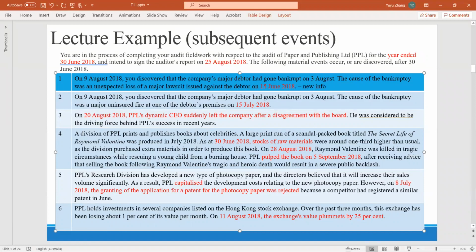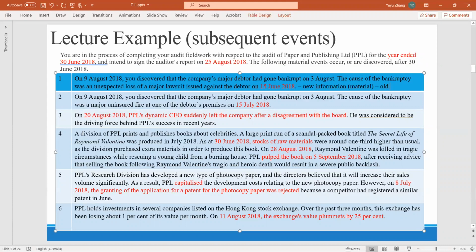So apparently that's new information. And the bankruptcy of the major debtor tends to be quite material, right? And it is due to the major lawsuit of this customer before the balance date.